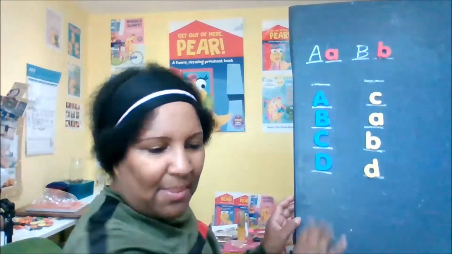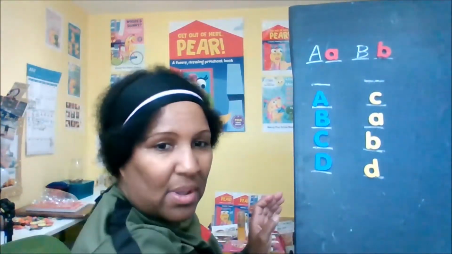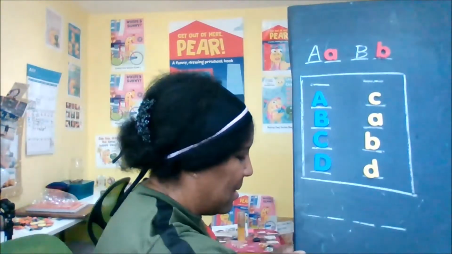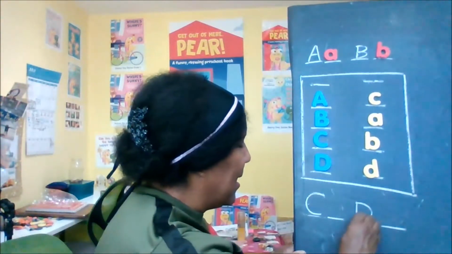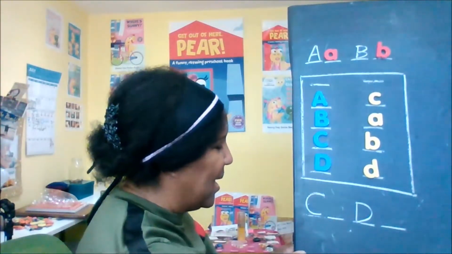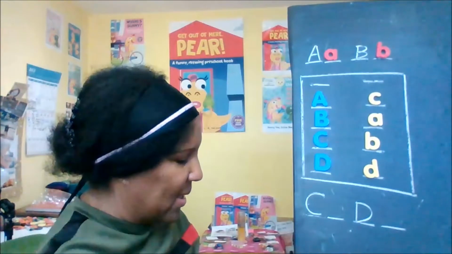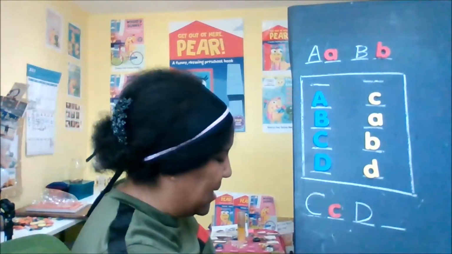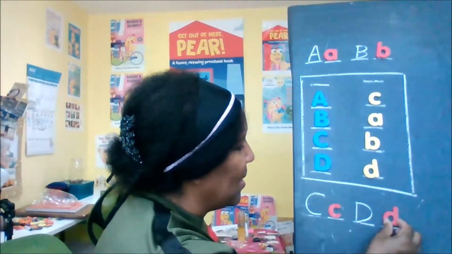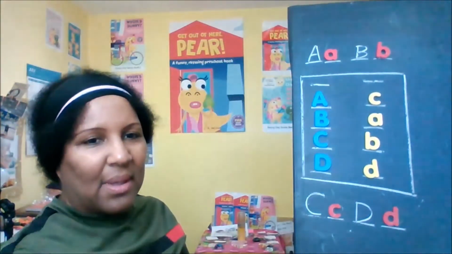So at the bottom here, I'm going to also help you, just in case you need it. Big C and big D. Okay? Capital C, capital D. Let me find the small ones to go with them. That's small c or lowercase c, and small d or lowercase d. Okay?